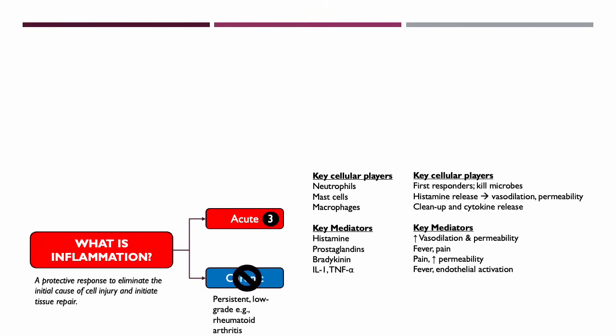So taking a closer look at acute inflammation, we mentioned we have key cellular players and key mediators. And we focused on the mediators because these are the targets of our drugs. So the whole purpose is to block these different mediators, to decrease the mediator effect, all in all to reduce inflammation.